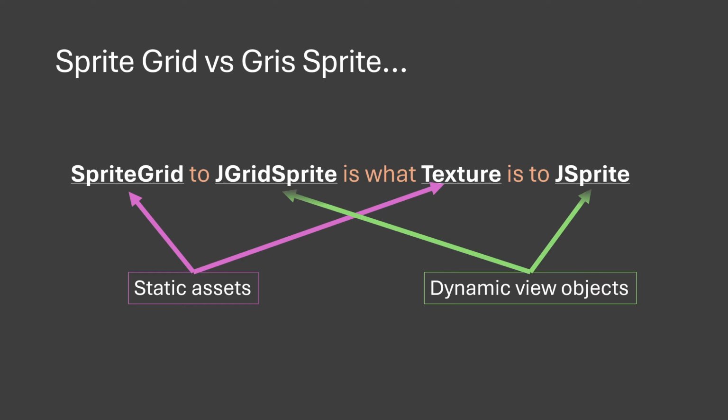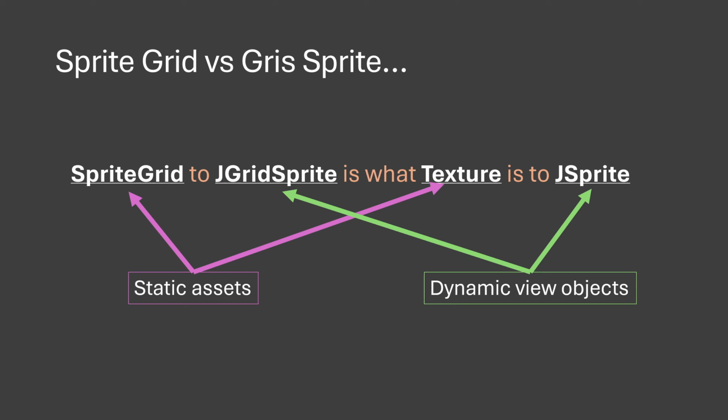But the grid sprite, which is represented by the class JGridSprite, is the same as JSprite. Those are the actual dynamic view objects that are then used to draw the content of textures and sprite grids on the screen. Those dynamic objects are created, destroyed, moved, changed all the time.